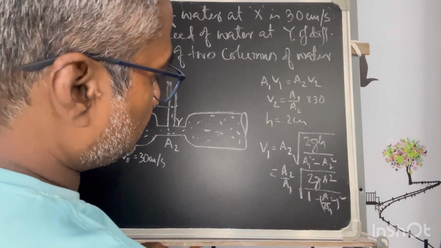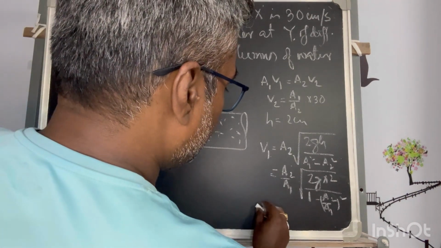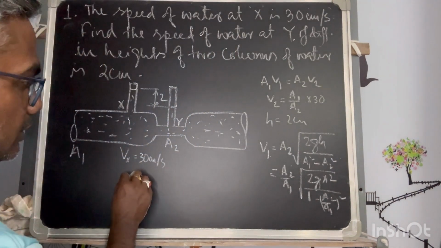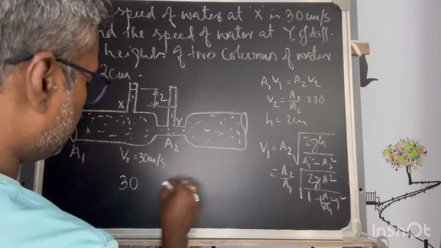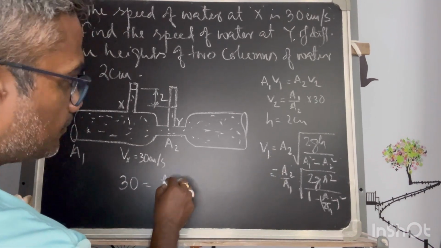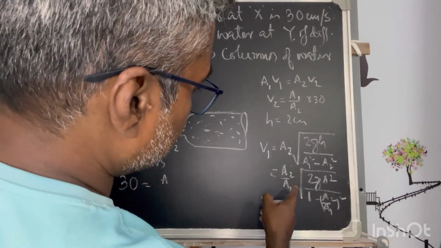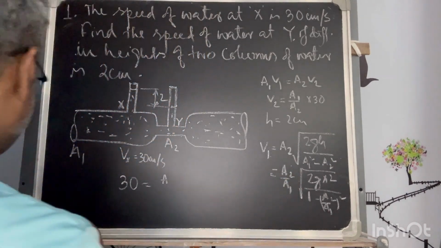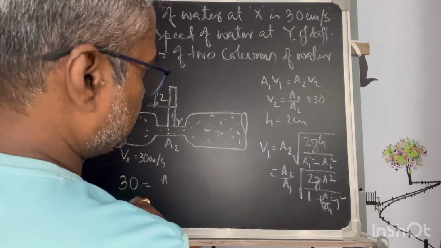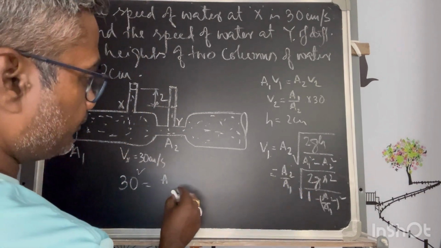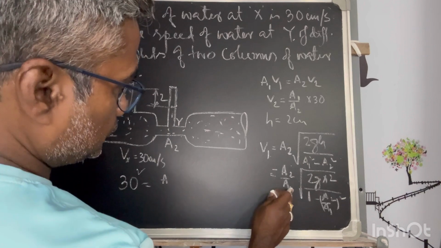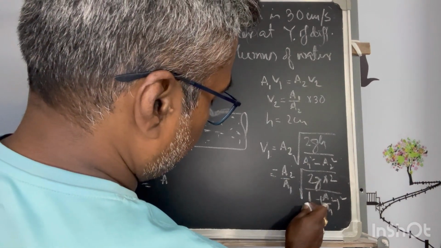So the V1 value we know, and if I know the V1 value, the rest of the thing can be calculated. V1, if I take 30, is equal to A2 by A1. If I square it up, this will go there, A1 by A2.